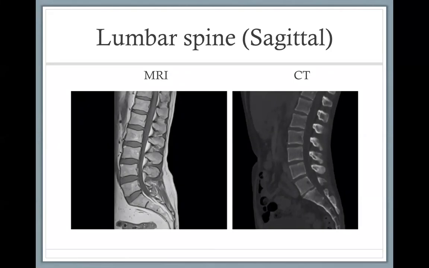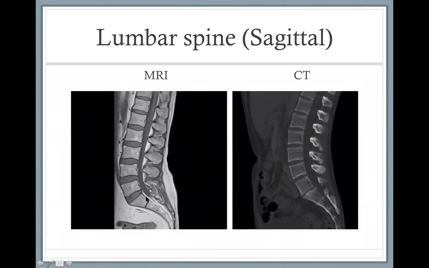So T1 or T2? Yeah, T1. Not T2. Remember, you always need to identify a good landmark. One good landmark when you look at the spine is to look at the spinal canal. These are the vertebral bodies, these are the spinous processes. Remember, this is a sagittal image, and the CSF looks dark.